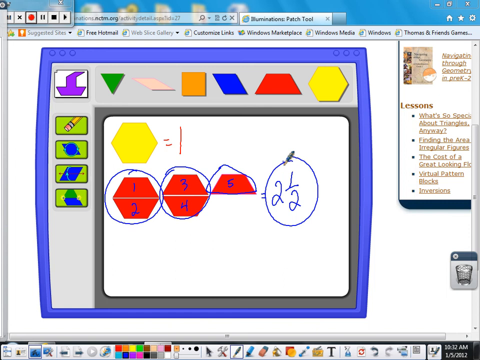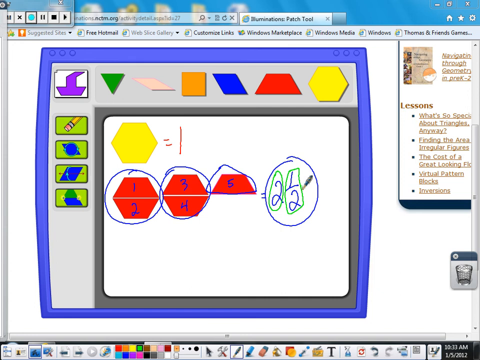So improper fractions have a whole number, which is this one right there, followed with a fraction, which is that number right there. So an improper, or not an improper fraction, a mixed number is a whole number with a fraction next to it. So 1 pentagon is equal to 1 whole, and 5 trapezoids are going to equal 2 wholes. There's 1, there's 2, plus a half. So I get 2 1/2.